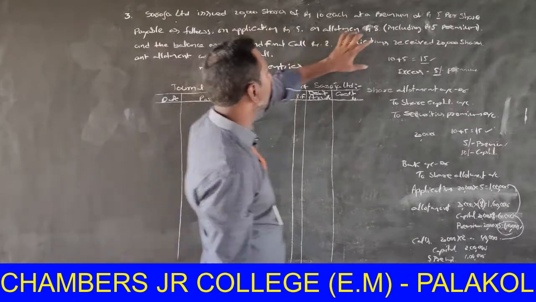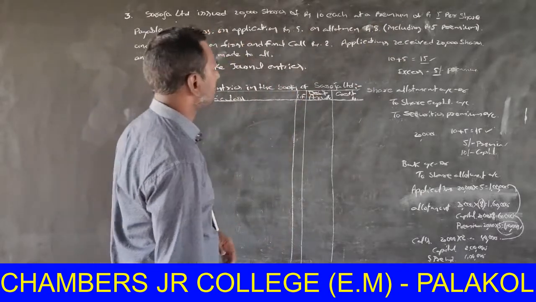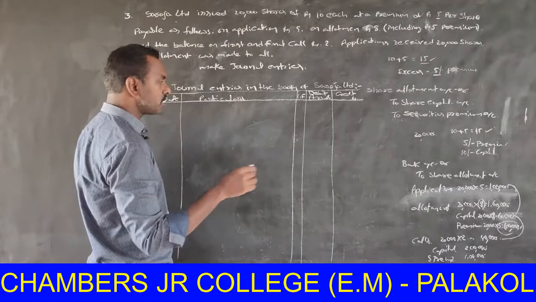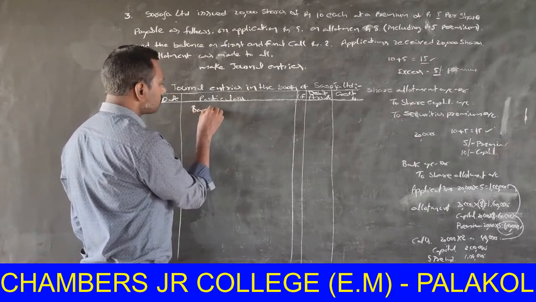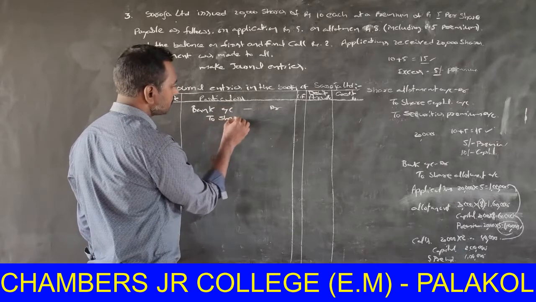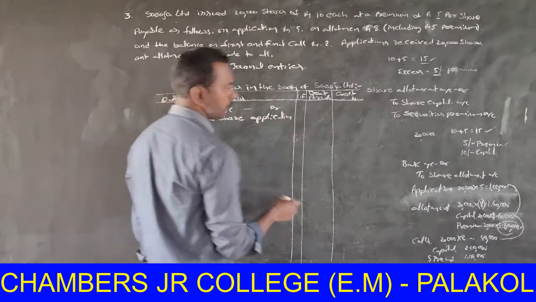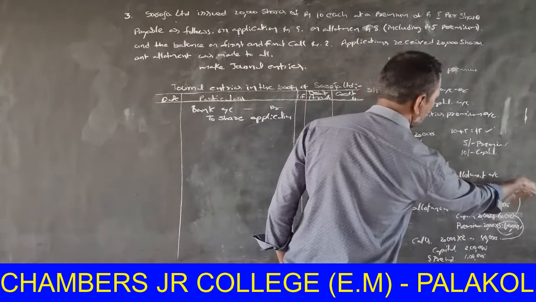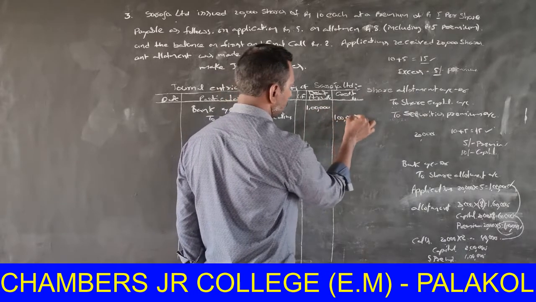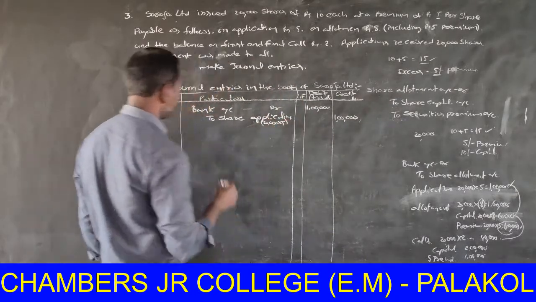First of all, on application. For receiving of application money, the journal entry is bank account debtor to share application account, 1 lakh, in brackets 20,000 into 5.